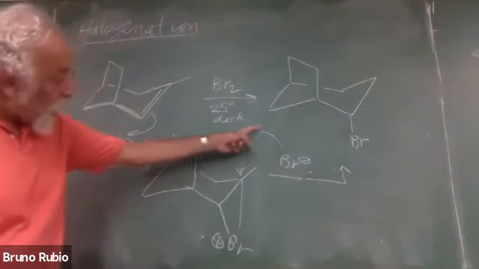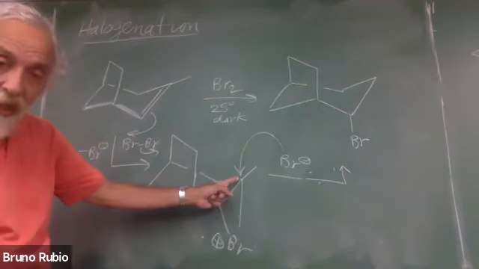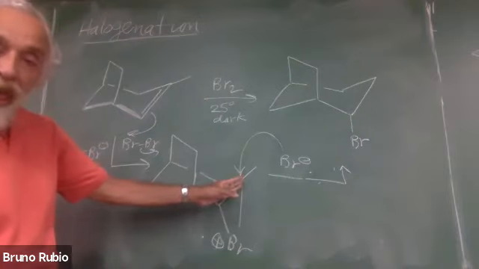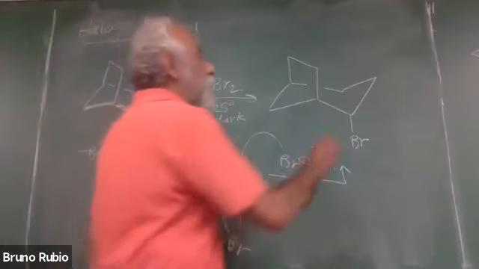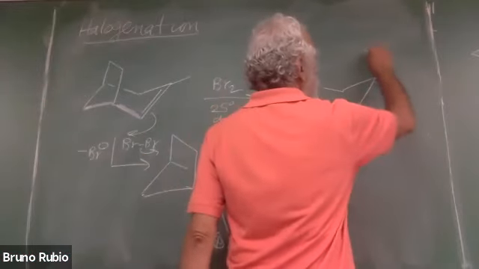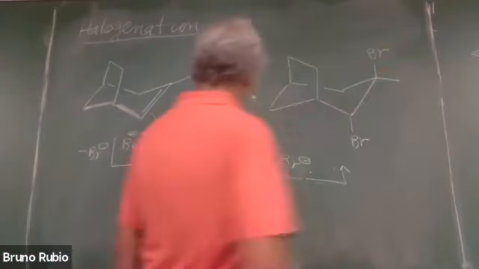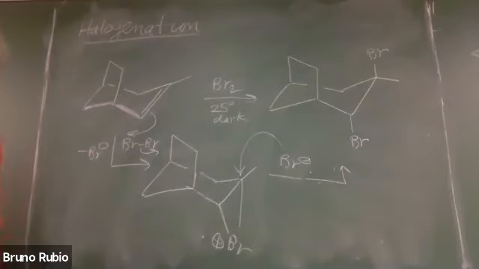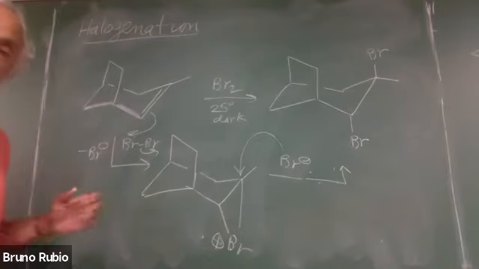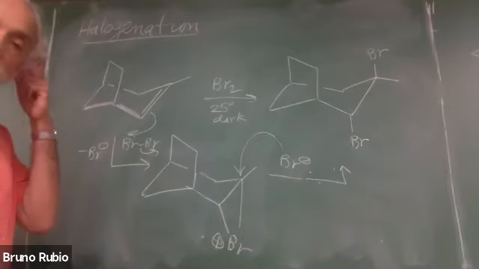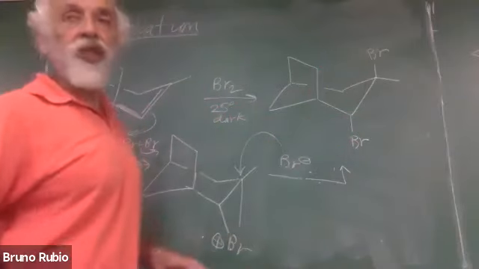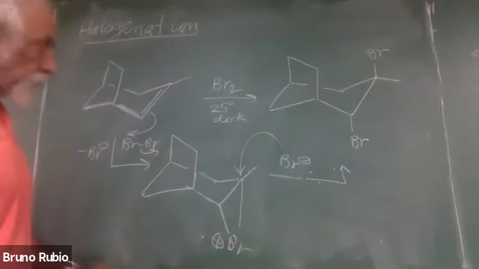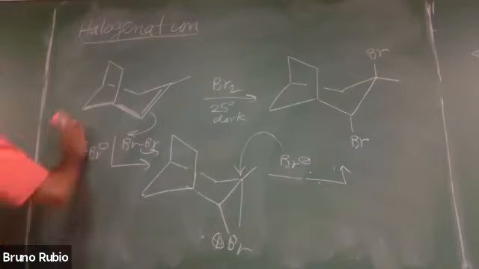This Br came in from the top. We're drawing a chair. We have axial and equatorial options. So the second Br is also axial, and that pre-existing methyl group got shoved down to the bottom into the equatorial position. And we see here trans addition of these two Brs. All right.